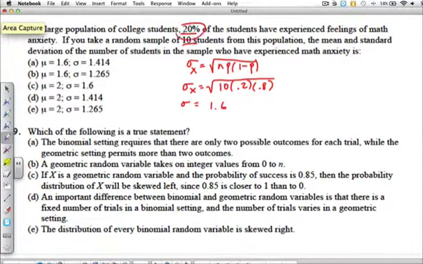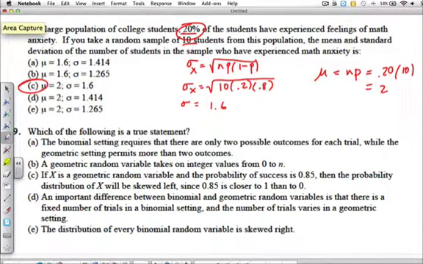And then, of course, the mean is equal to the number of trials times the probability of success. 0.2 times 10 is 2.